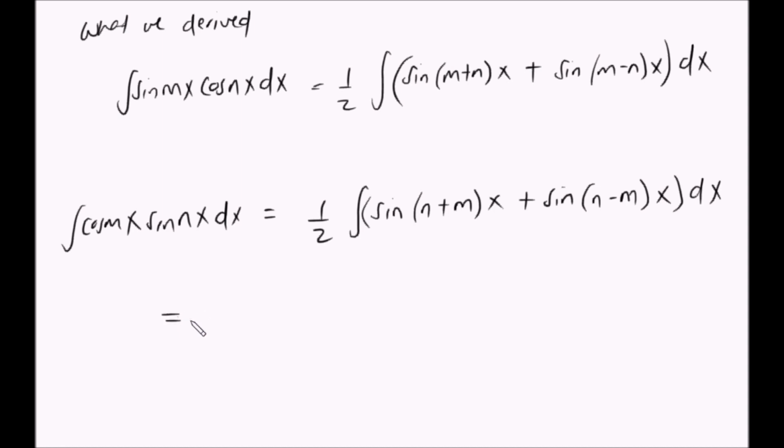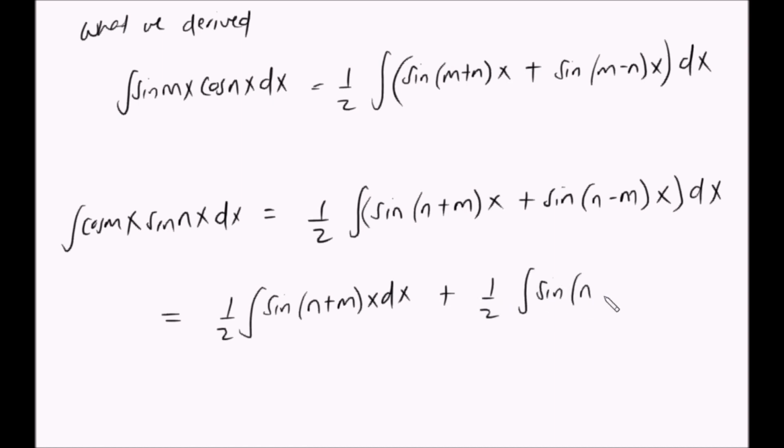From integration of a simple polynomial expression, this is just as if you say integrate sin (n plus m) x, plus a half again, sin (n minus m) x. So what am I going to do now here? I'm going to use u substitution here and t substitution here.